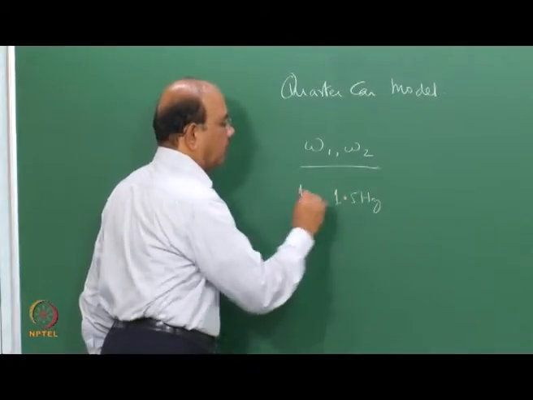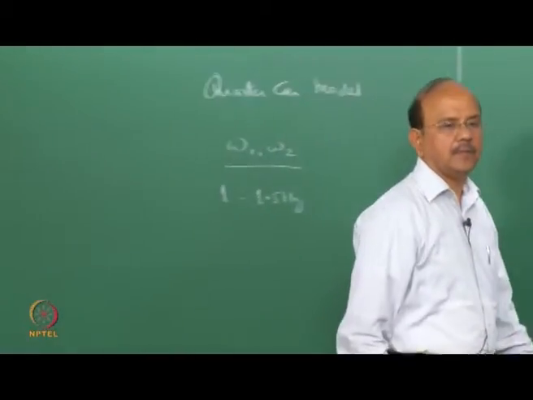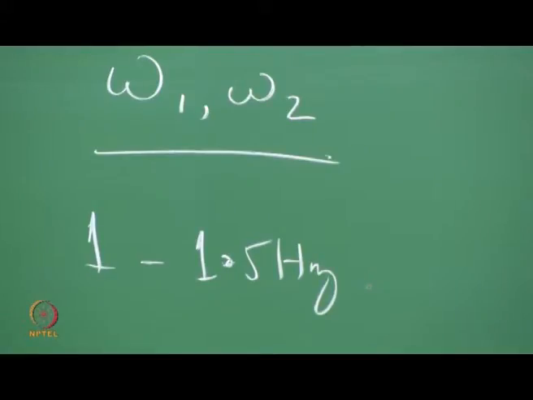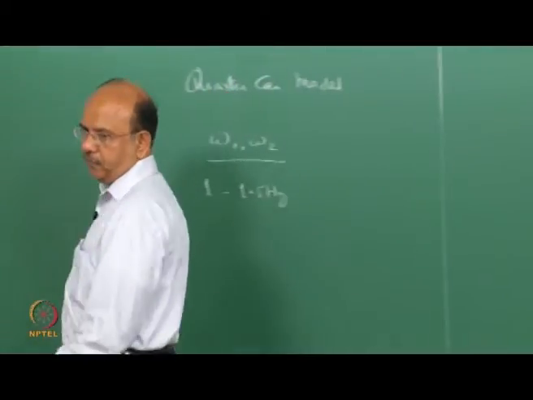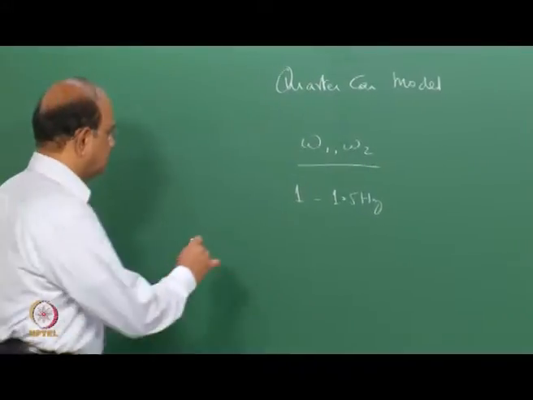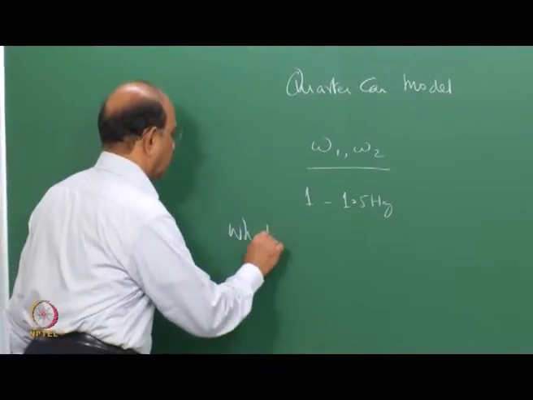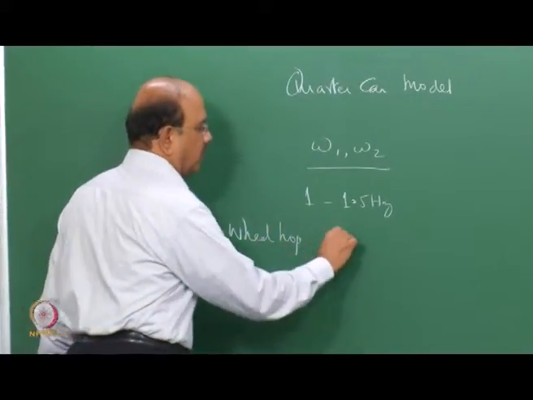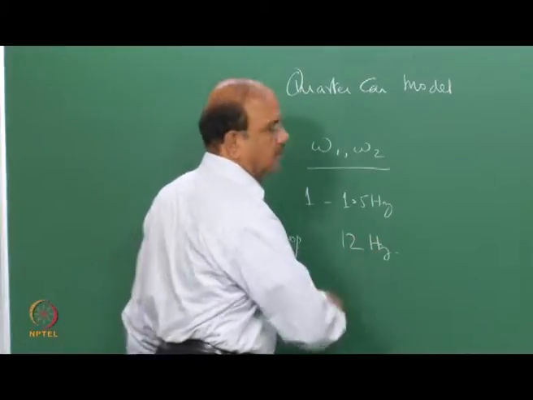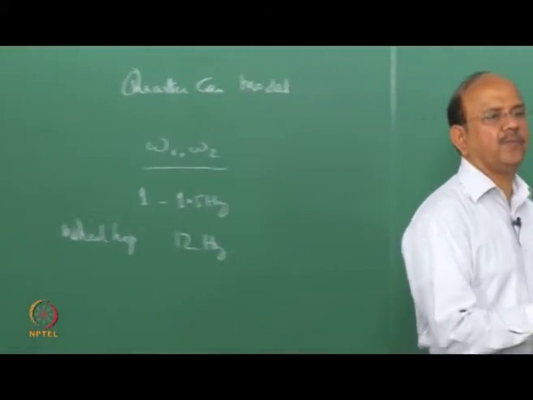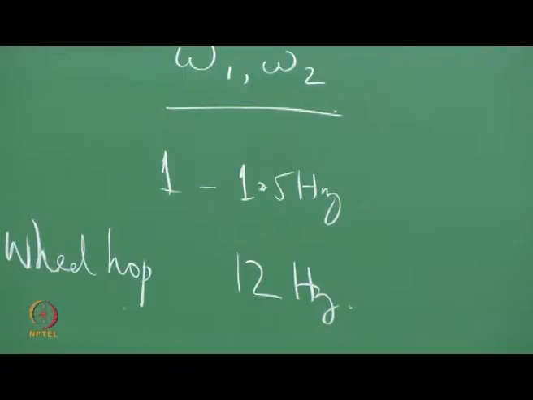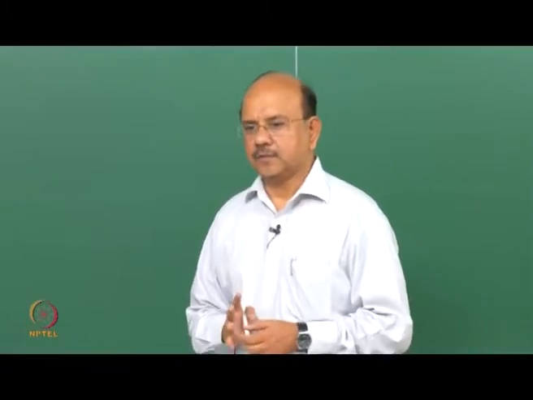Typically, they are 1 to 1.5 hertz, and has everything to do with the body of the vehicle. The second natural frequency, omega 2, we said that this is what is called the wheel hop frequency, closer to around 12 hertz, and may vary between say 11 to 14 and so on. So these are the two natural frequencies.